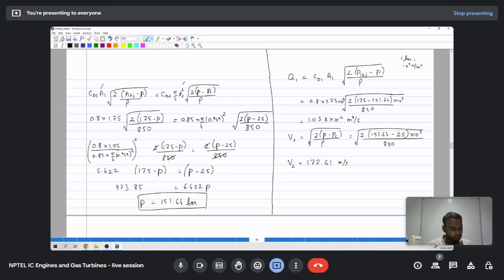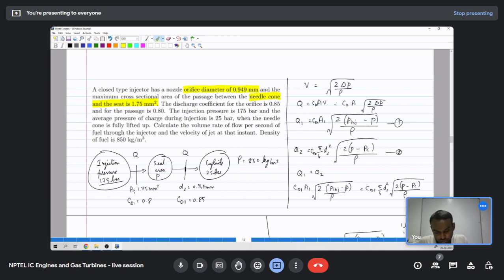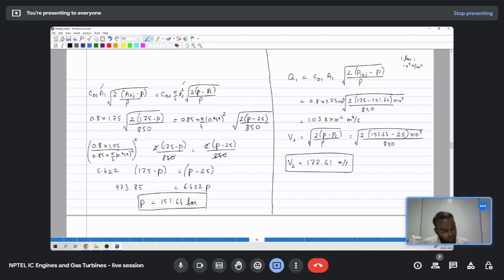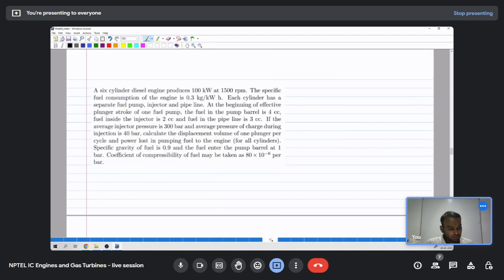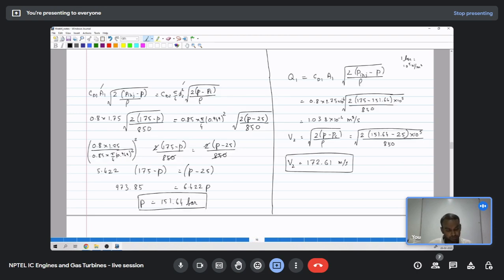Okay, yeah, I also got it. So we have got the volume flow rate to the injector and also velocity of the jet at that instant. Now, before moving on to the next problem, if you have any questions in this problem, I can clear them now.